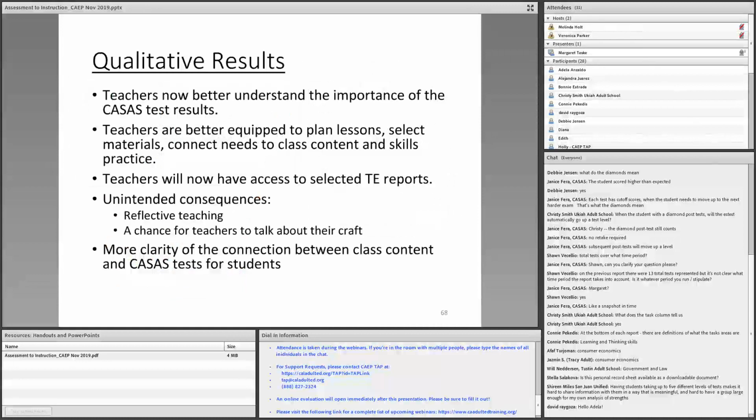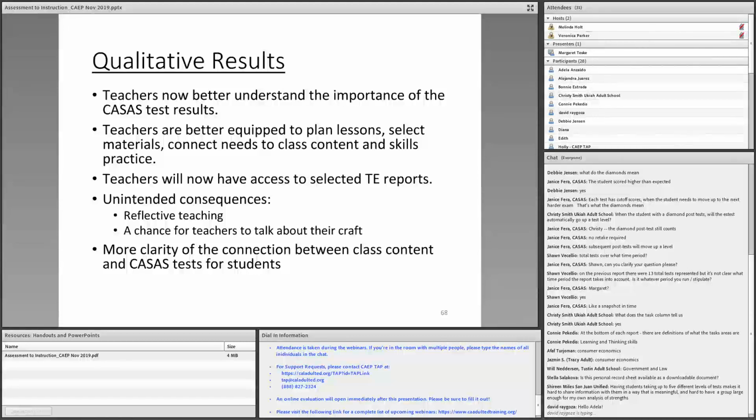When we're talking about qualitative results, it's great to have teachers better understand the importance of CASAS test results. They can be better equipped to plan lessons, select materials, and connect needs to the class content and skills practice.